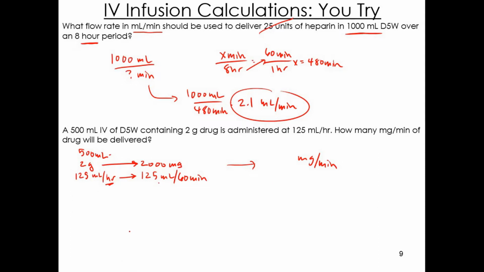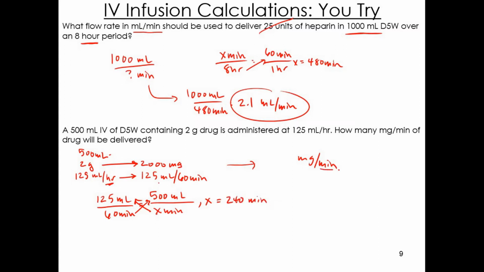So let's go ahead and do that. We've got 125 mils per 60 minutes. So how many minutes to deliver 500 mils instead? And the X I get for that is 240 minutes.